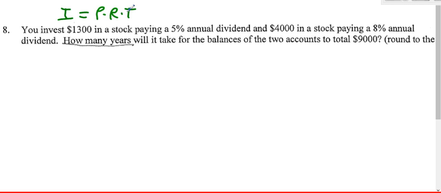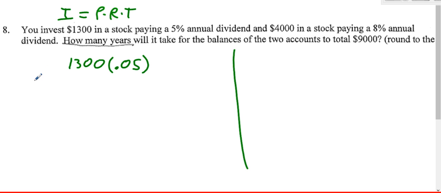So in this case, we have two accounts. We have one where we're investing $1,300. That's P. The rate is 5%, so that's 0.05. We don't have the other stuff yet.